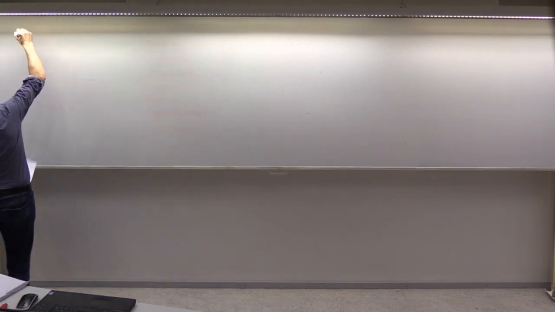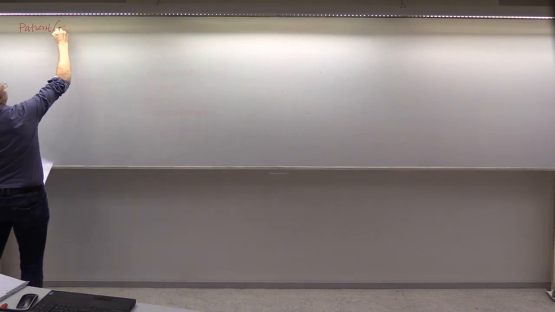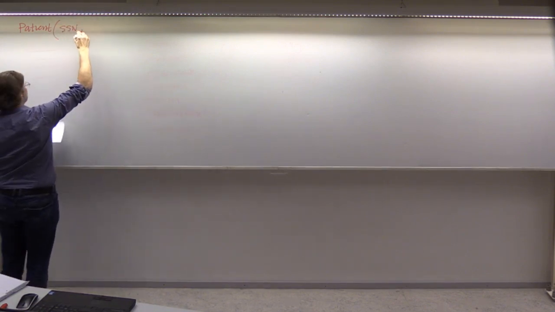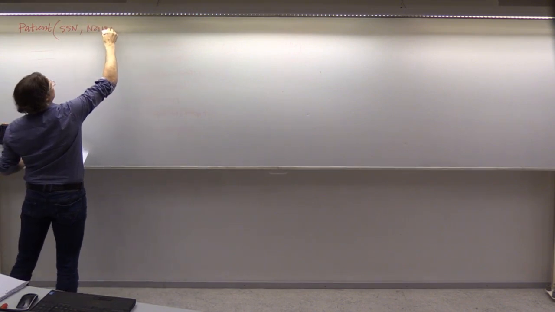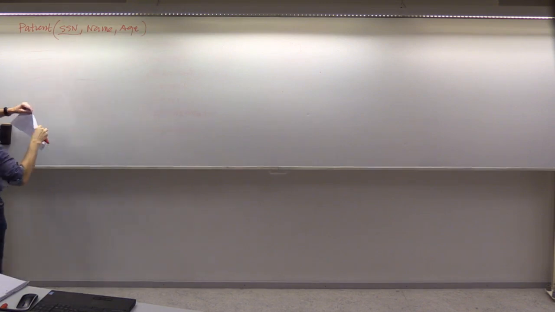So I'm going to start off with that patient. And I'm moving over to the other notation. So that's the name of the schema, or that's supposed to be the older entity.